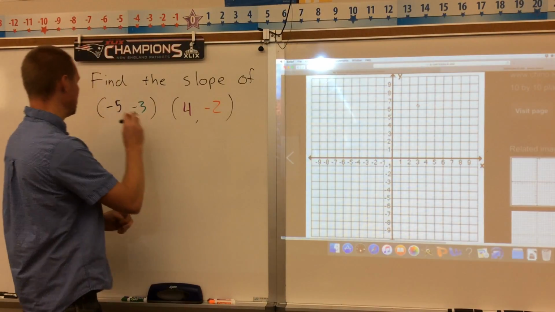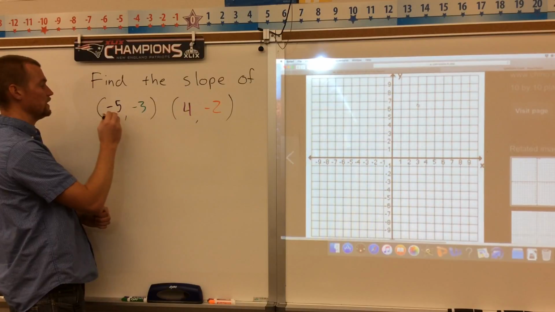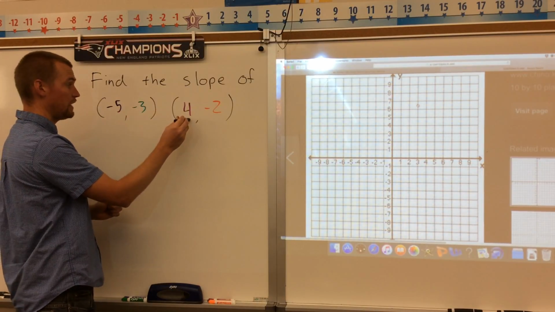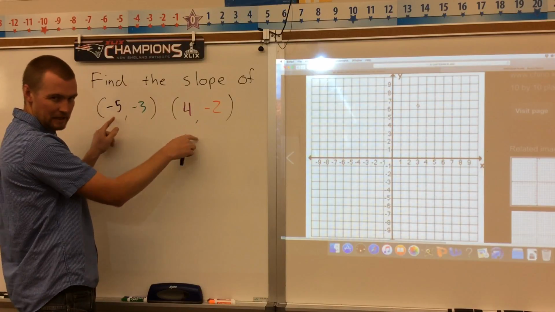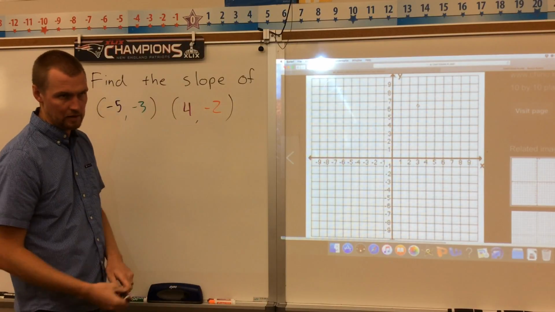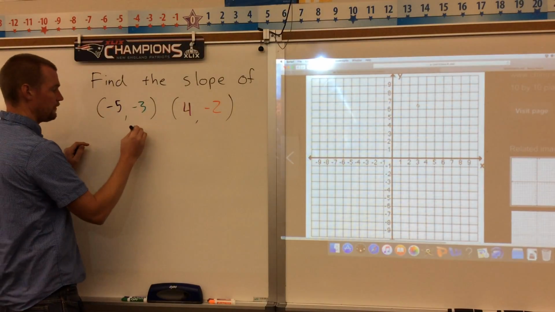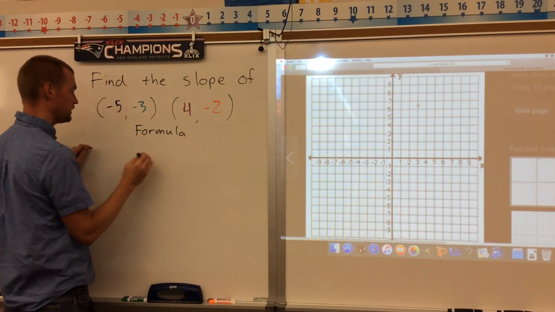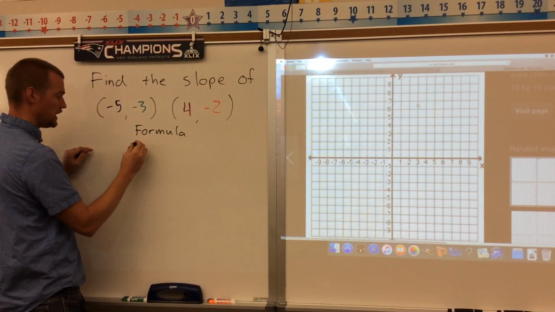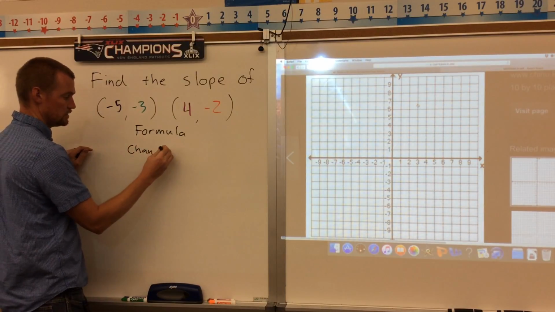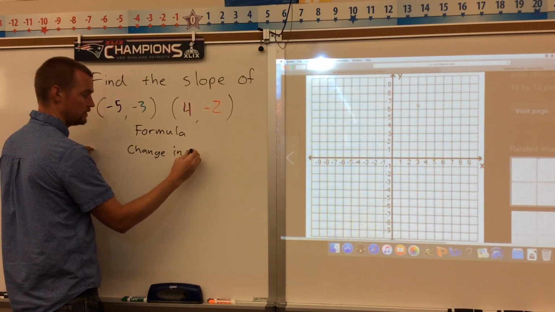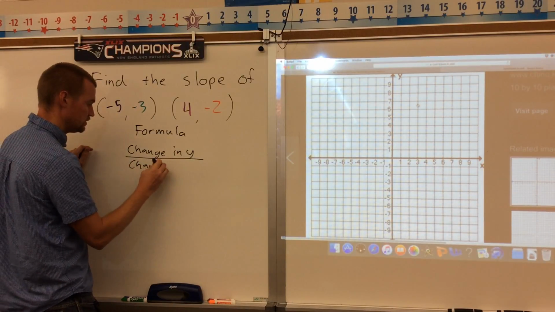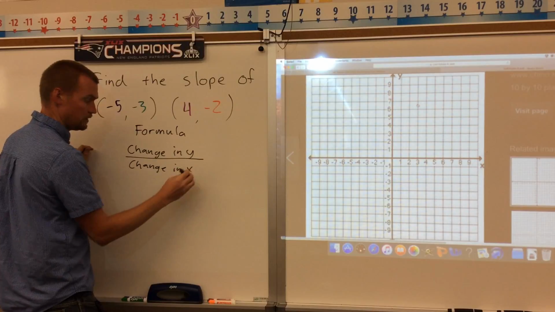Hello, what we're going to do is find the slope of (-5, -3) and (4, -2). Notice here that we got some negatives, which could possibly complicate some things. If we go with the formula, you must know that the formula is going to be change in y divided by change in x.